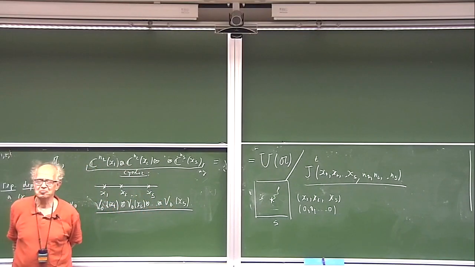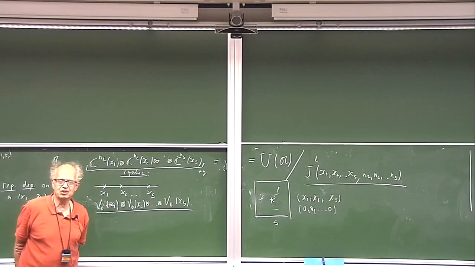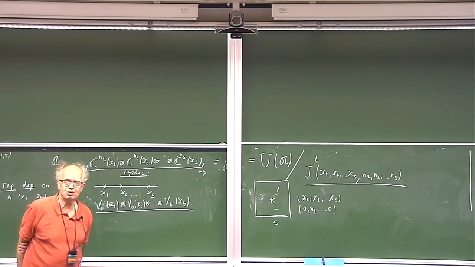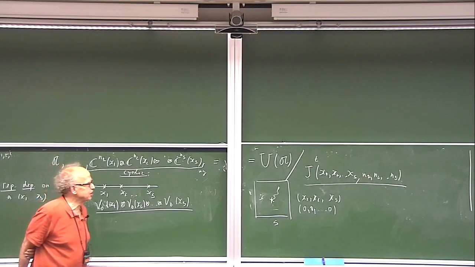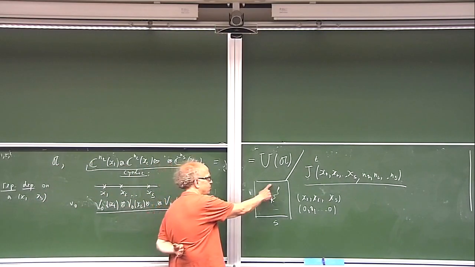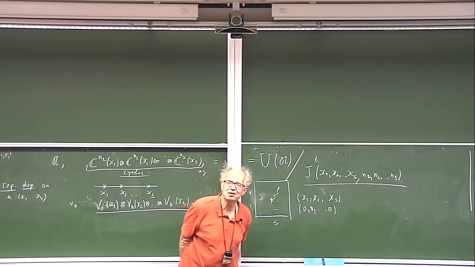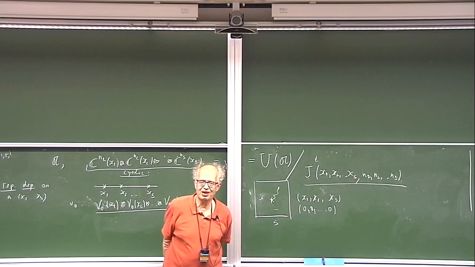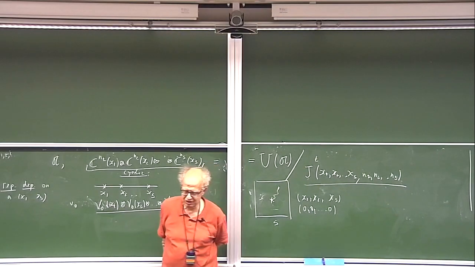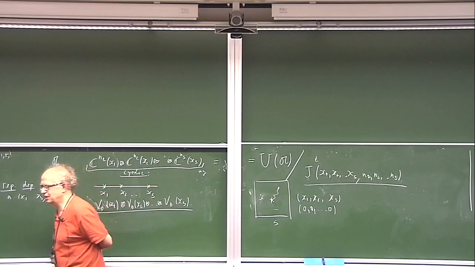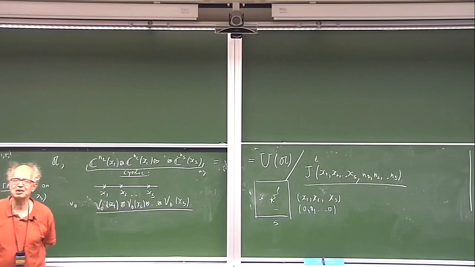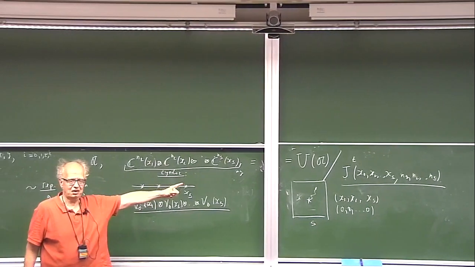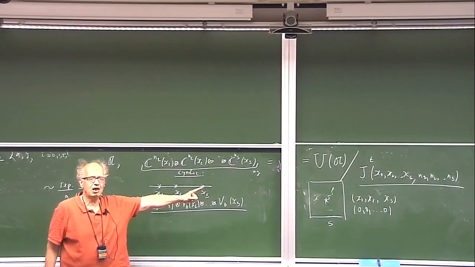Now, this definition is nice, but first it is completely non-evident that the result does not depend on the choice of how we go to 0. In principle, we can have many ways to define the fusion and many fusions. And usually it is not a simple theorem that, for example, in this case, the result does not depend on how we go to 0.